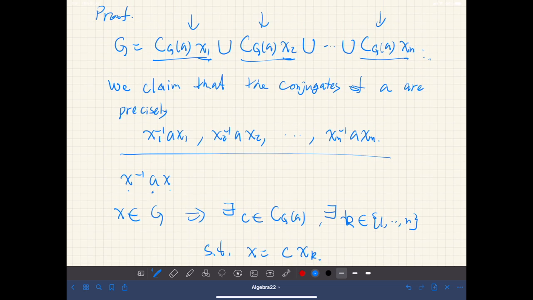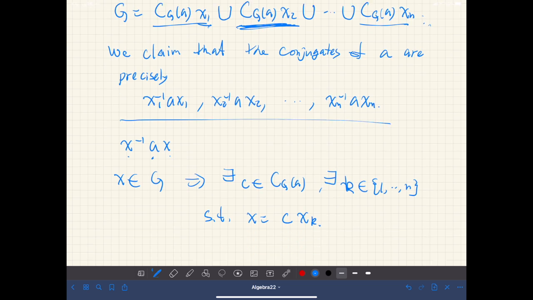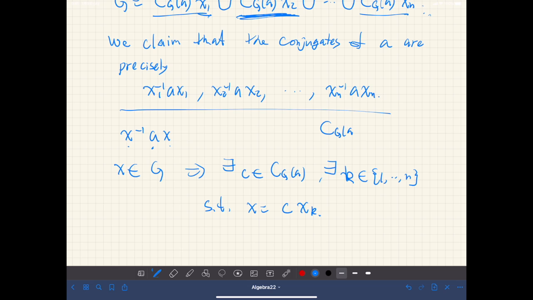So any element of a coset CG of A times xk can be expressed as c times xk, where c is one of the elements of the centralizer. Any element in G can be expressed this way.